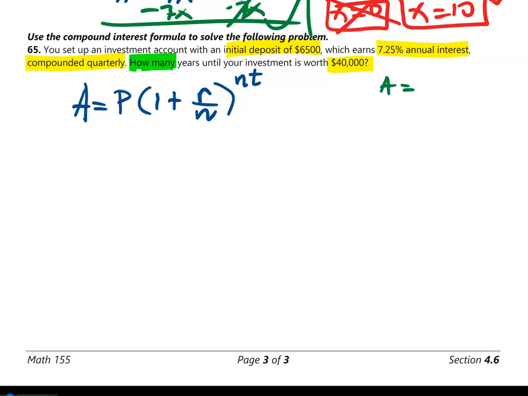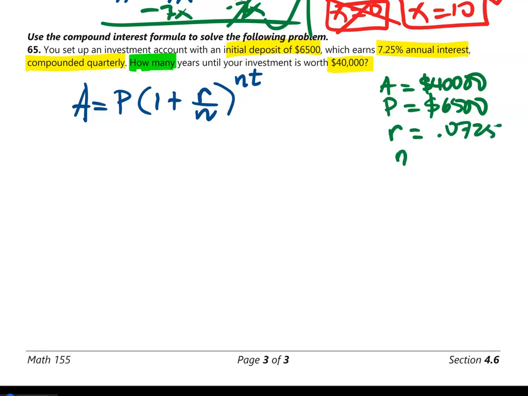We want to have 40,000 and we want to compute for that t. Your initial deposit was $6,500. Rate is 7.25%, that's 0.0725, and compounded quarterly, meaning n is equal to 4 times in a year, and we want to solve for t.